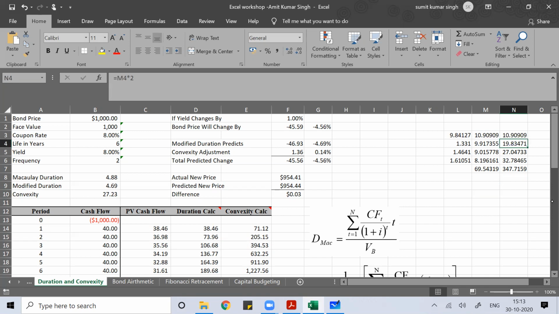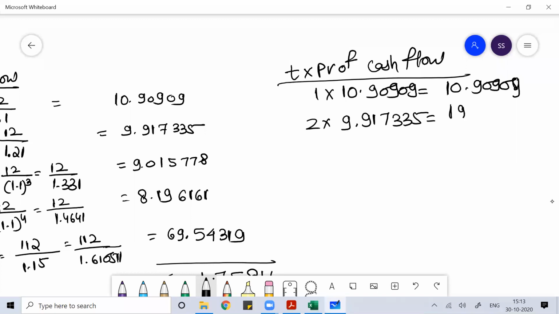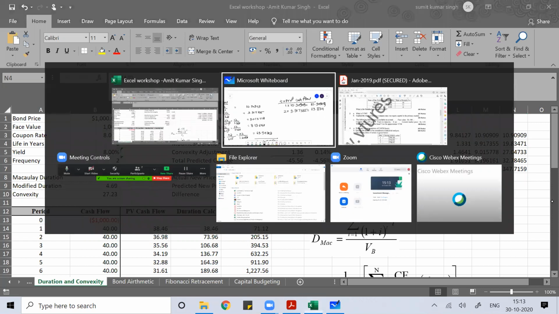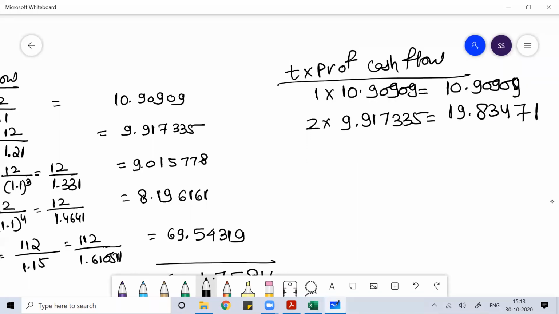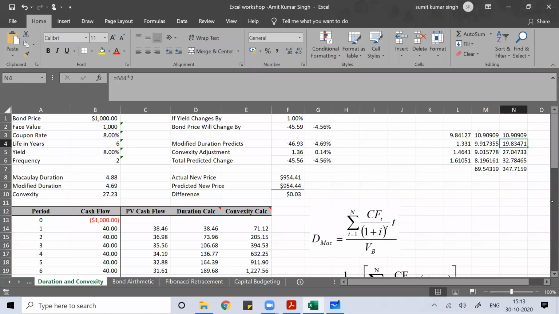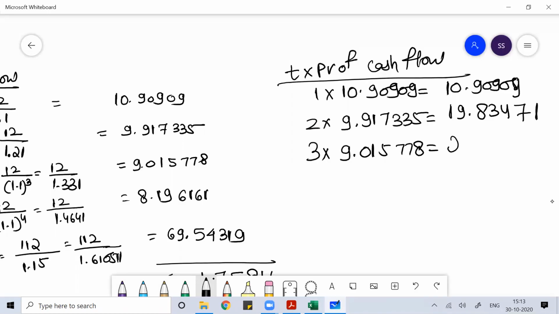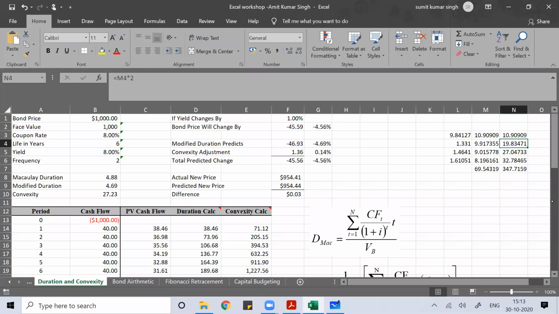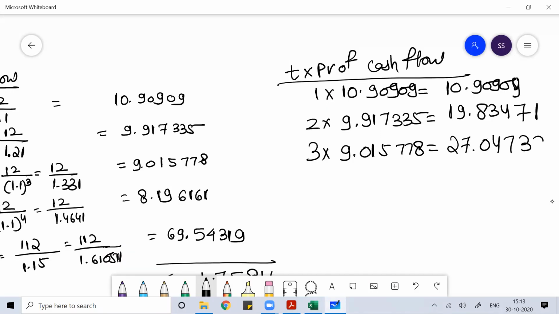So 1 into 10.909, then 2 into that is 19.83471. Then 3 into 9.015778, you will get 27.04733.